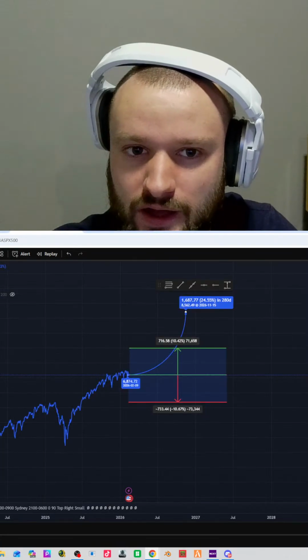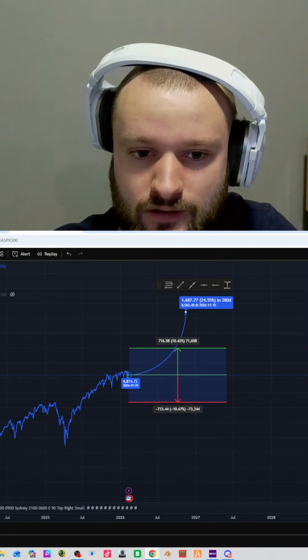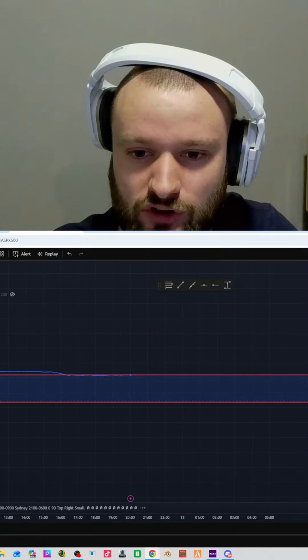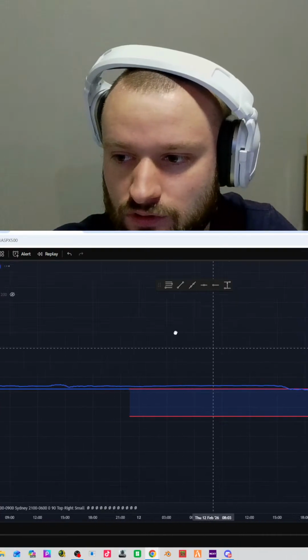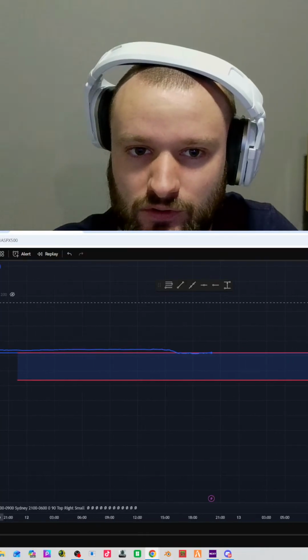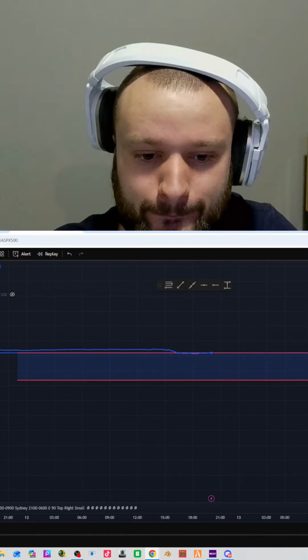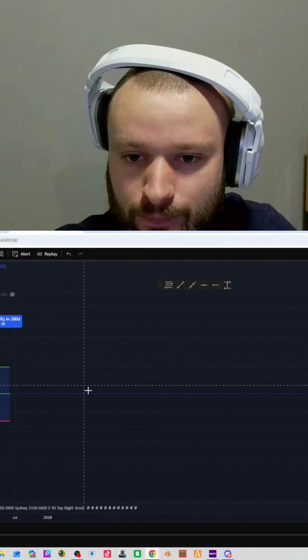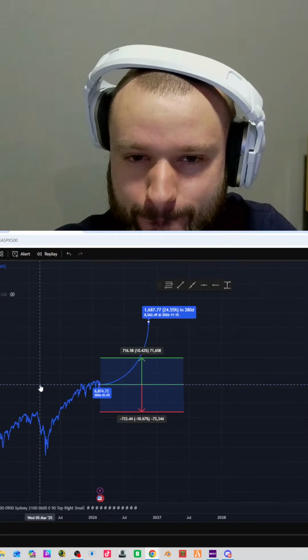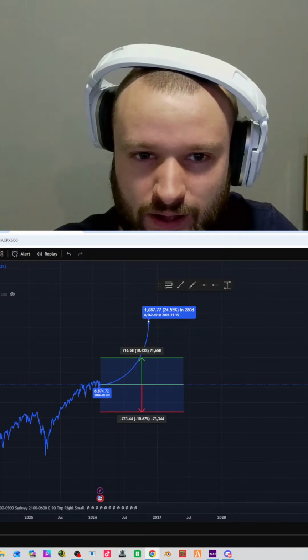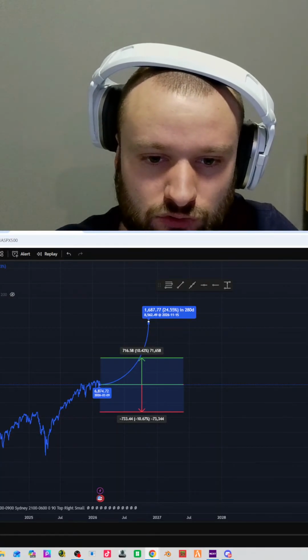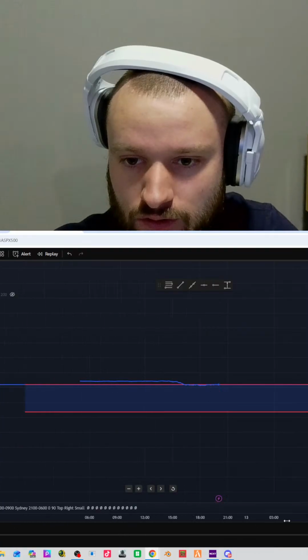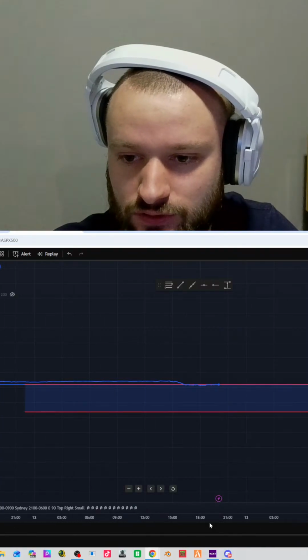Now that we know that, let's see what's going on in the minute chart. I don't want to fuck this up though. Let's try it with a different one. I'm not gonna be worried about it. Let's go to the minute chart, since we have a theory.